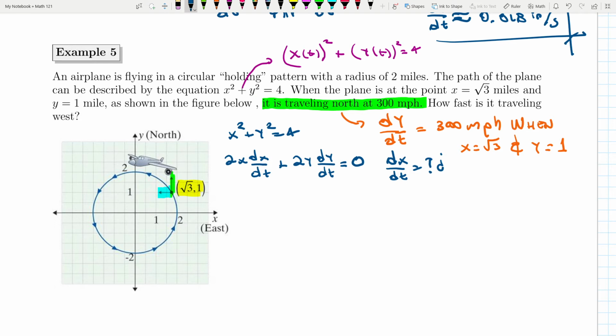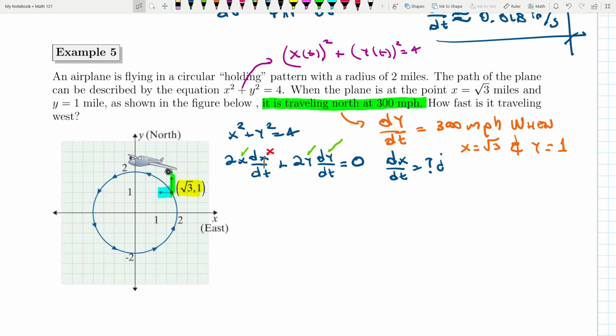Well, what kind of information do we have here? We know dy/dt, that's the speed of the plane towards the north. We know a value for y, we know a value for x, but the one that we don't know is dx/dt. That's actually the question. So let's just plug in values and see.